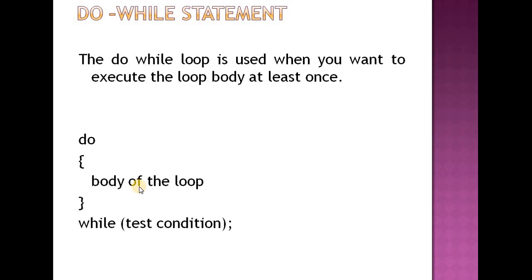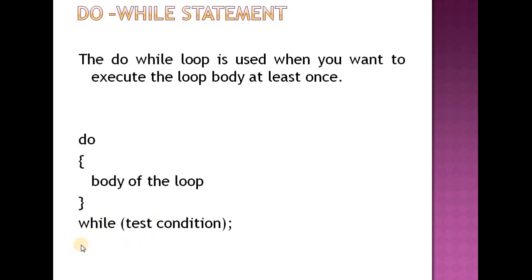This process continues as long as the condition is true. Up till this condition is true, this process will go on again and again. When the condition becomes false, the loop will be terminated. So when the condition given in these brackets becomes false, only then this loop will terminate and the control goes to the statement that appears immediately after the while statement.